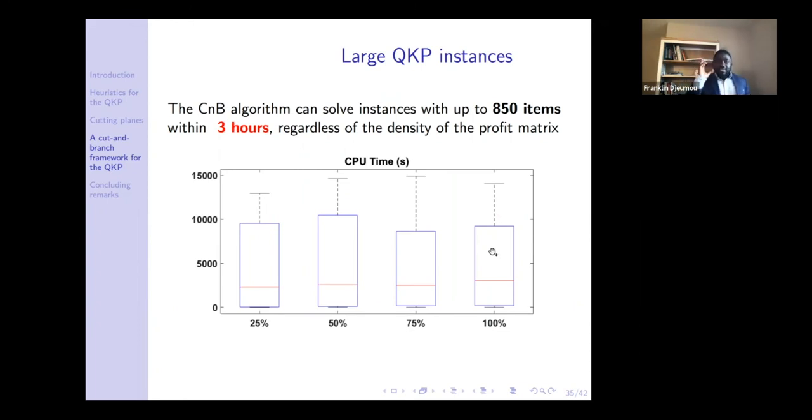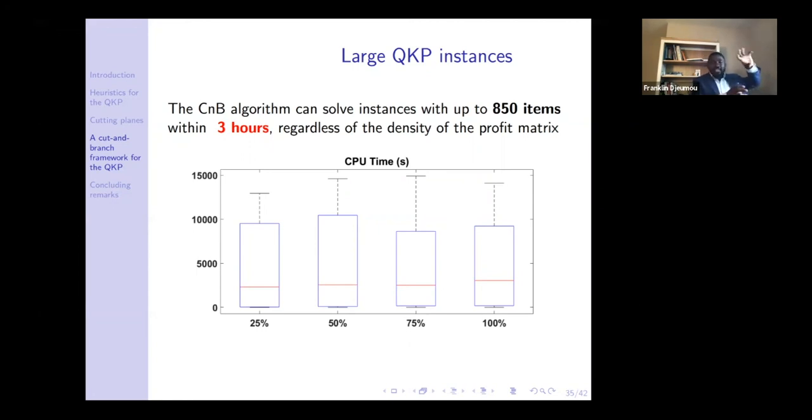So this algorithm was published last year, and of course the gap lower bound doesn't use the new heuristic algorithm that was developed.